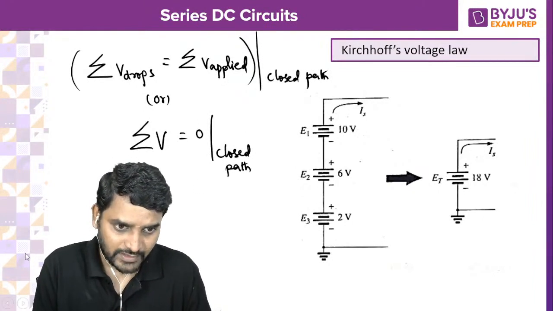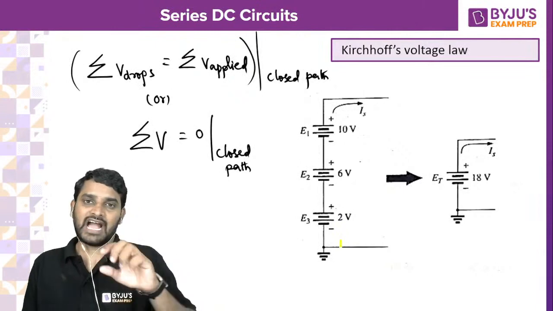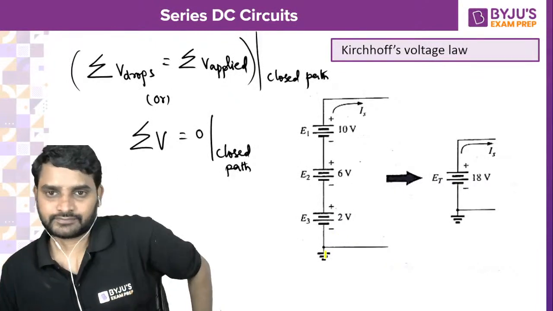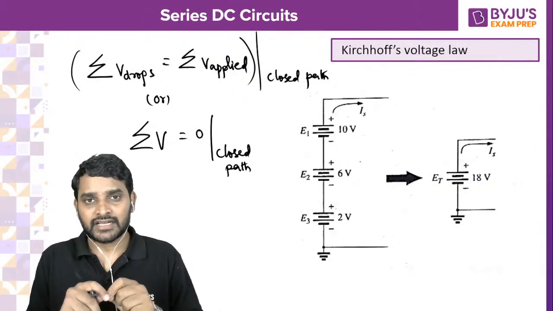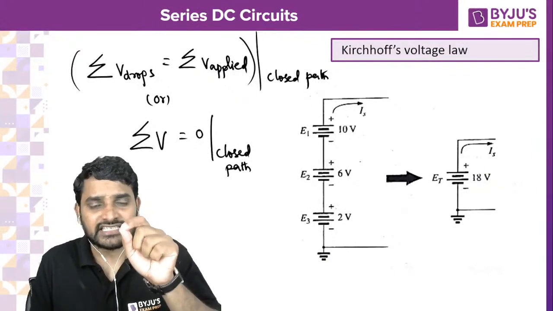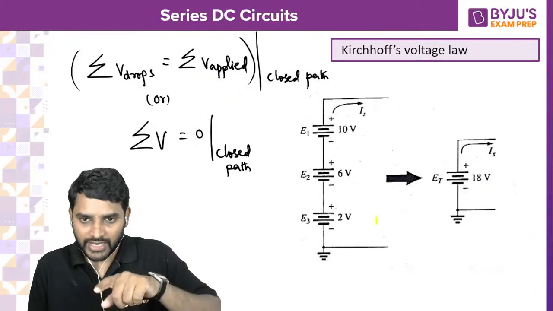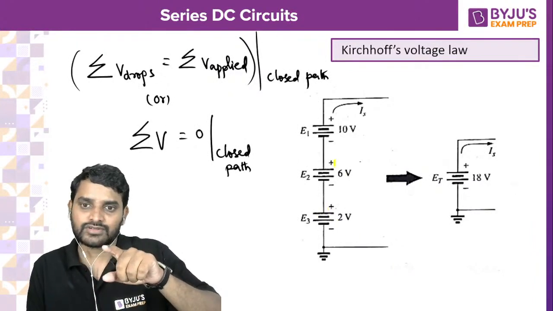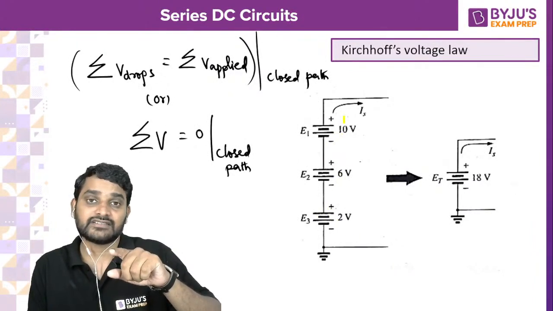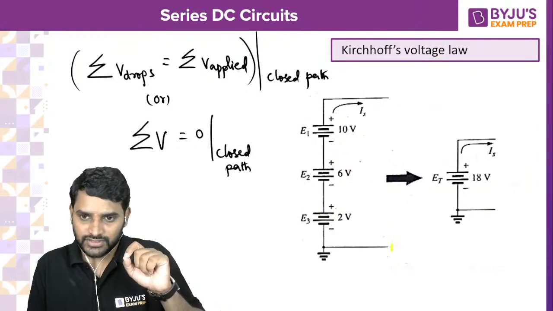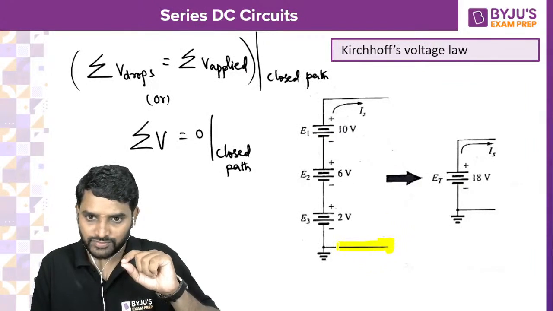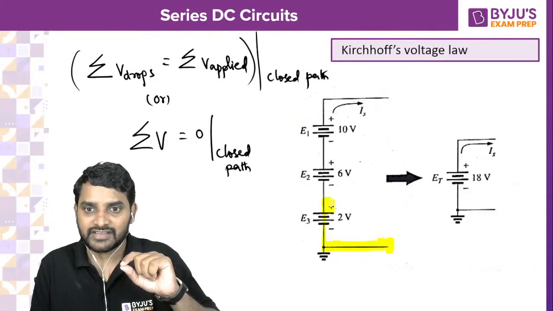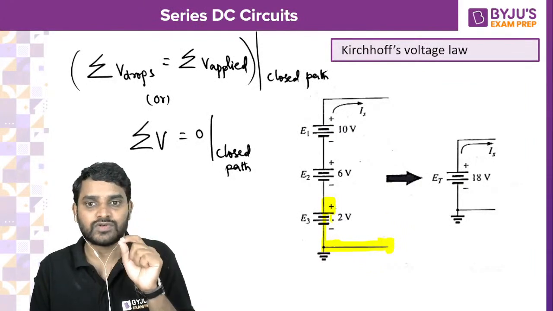So see here, how to check the KVL. Before writing KVL, you should represent polarities across each and every element. So I have a 2 volt voltage source, a 6 volt voltage source, and a 10 volt voltage source. Start from this terminal. If you move from this terminal, I am leaving with positive polarity, so plus 2 volts.